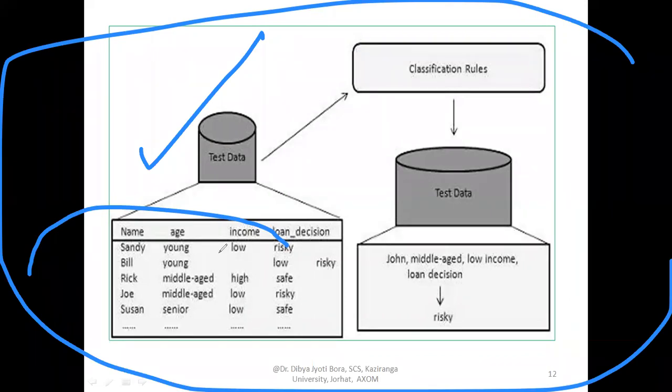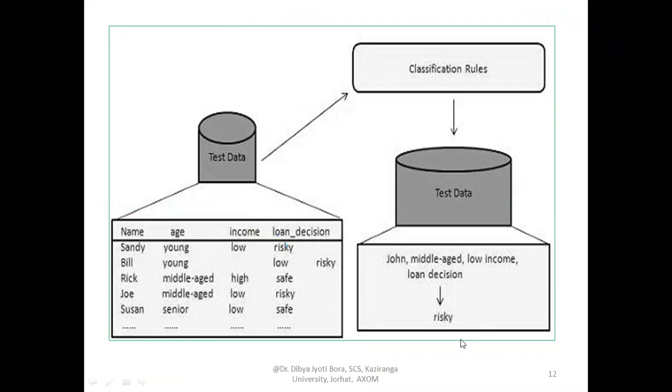We have considered the same data set, but divided it into two parts. Remember, the training data set is where we use the maximum portion of the data, and the testing data is the remaining portion. Now, with the testing data we check the classification rules. If its accuracy is good, then we go for applying those classification rules to some new data points.